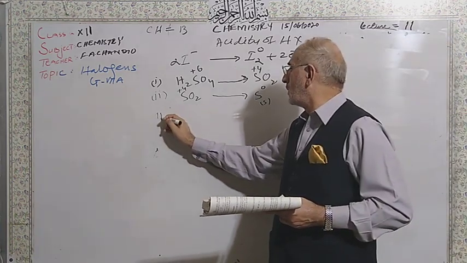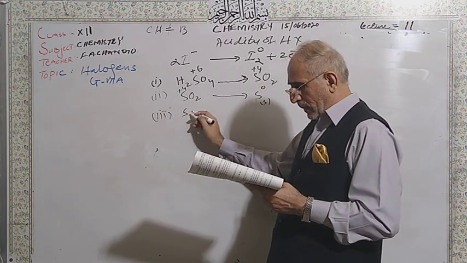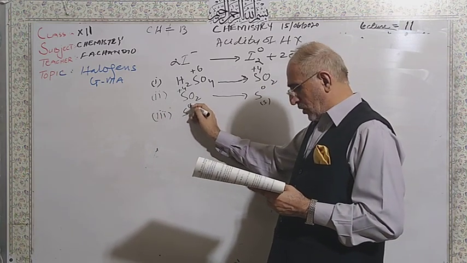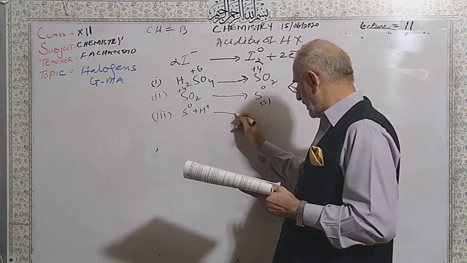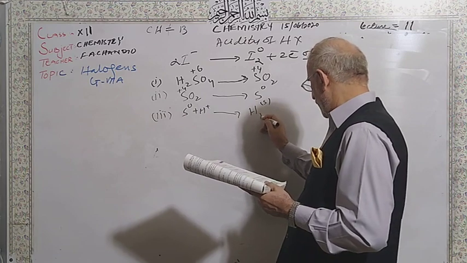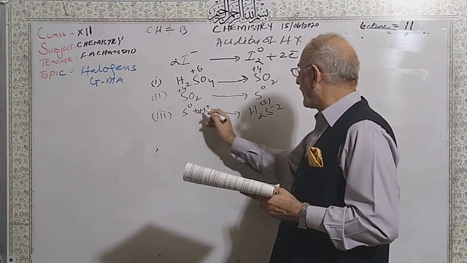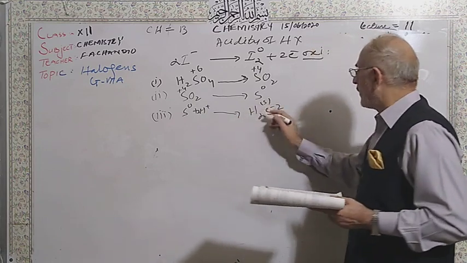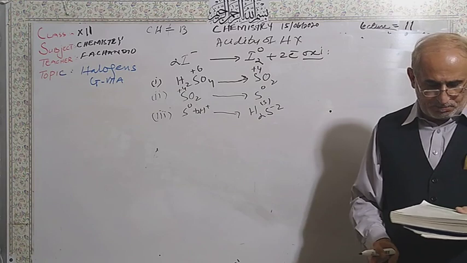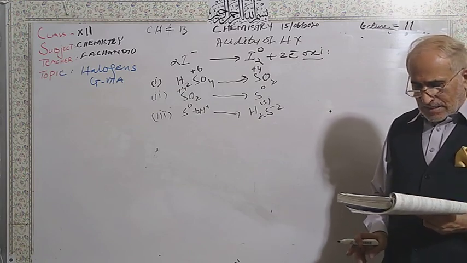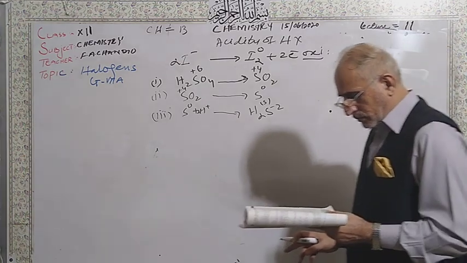Third, this sulfur 0 in presence of acid hydrogen ions makes hydrogen sulfide. So sulfur 0 changes into negative 2.